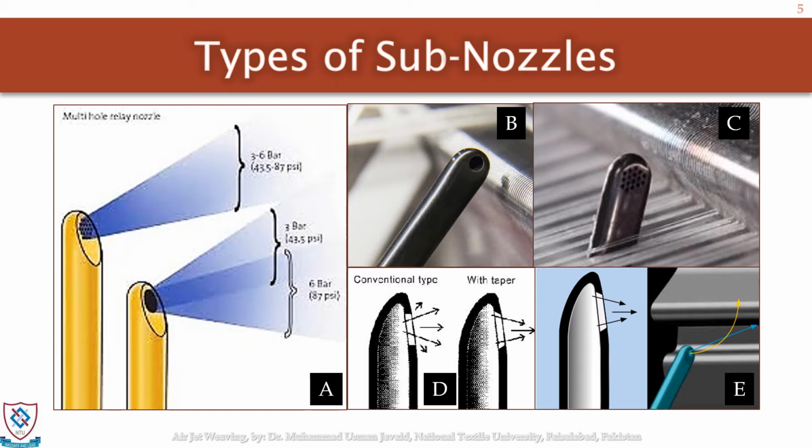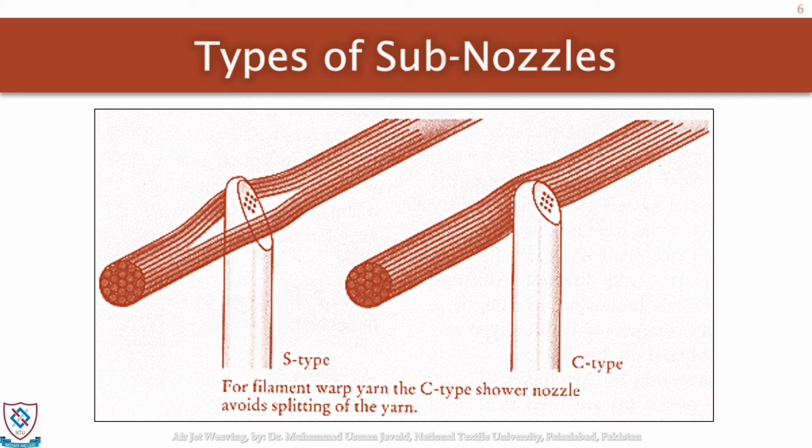So next, there are two more variations possible. They are called S-type and C-type relay nozzles. C-type relay nozzles are advocated if you are using filament warp yarns, multi-filaments.